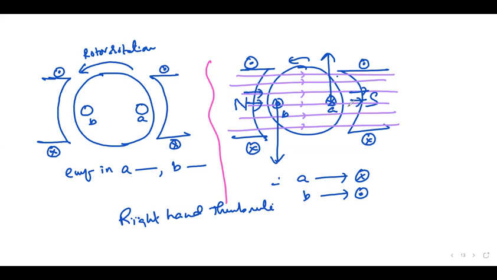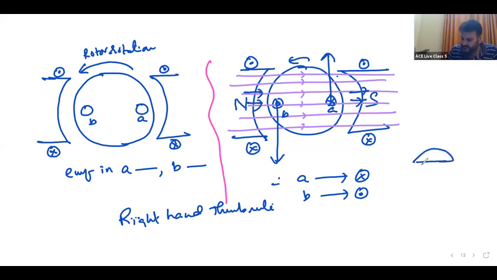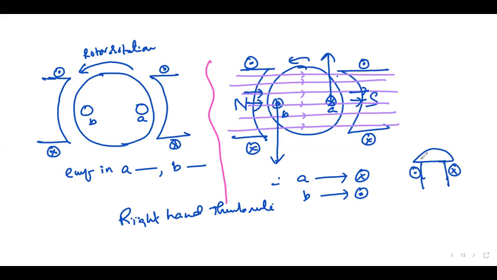Sir, I did not understand. For example, I am giving cross and dot on the field current. What is the polarity of this pole? Dot means coming outwards of the paper, cross means into the paper.